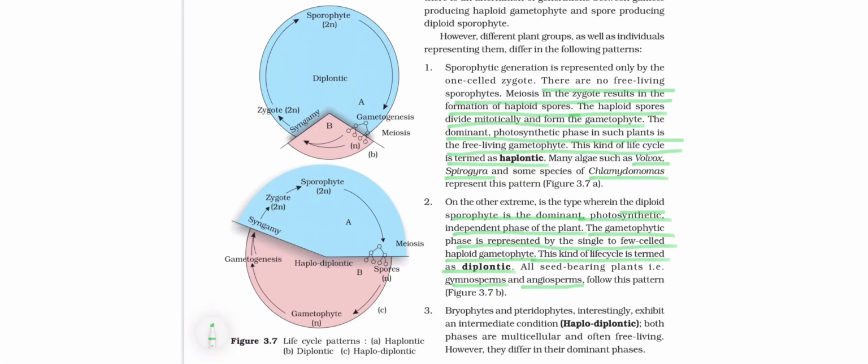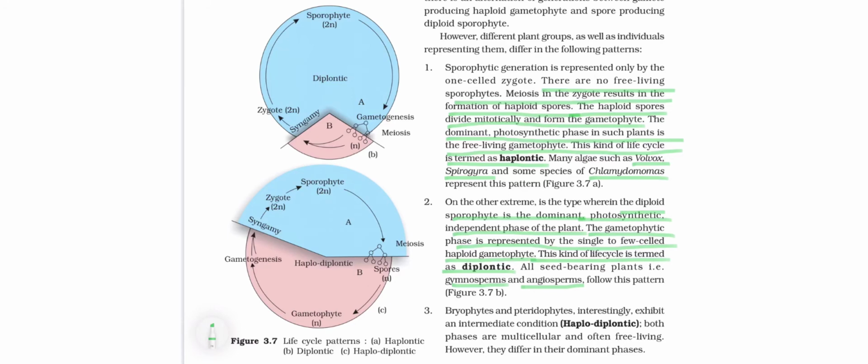So, this kind of life cycle is known as haplontic, and its description is given in this slide. Few examples are Volvox, which is a colonial alga, then Spirogyra, which is a filamentous alga, and some species of Chlamydomonas, which represent this type of haplontic life cycle pattern.